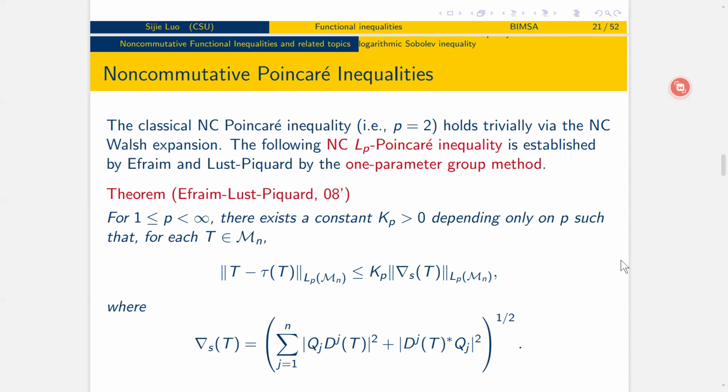Only this term remains, and when M becomes the hypercube, this one becomes Rj. Rj takes value only 1 or -1, so the absolute value of this term equals dj itself. So we reduce to the classical LP Poincare properties.